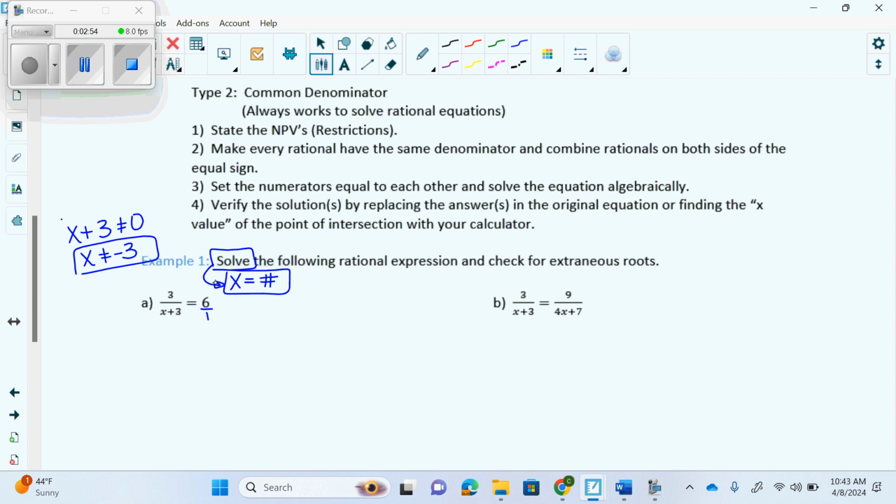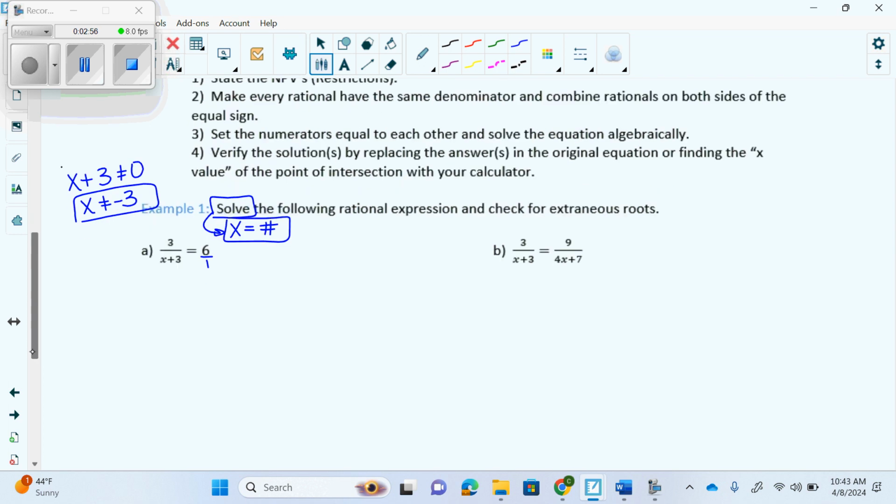Okay? So let's cross multiply. It doesn't matter which ones we pick first, but we're going to pick ones across from each other. So x plus 3 times 6, which I prefer to write as 6 times x plus 3, because I like distributing a monomial into a binomial, but if you do it the other way, it doesn't matter, right? So that's this one times this one. It's called cross multiplying for a reason. What goes in the middle?